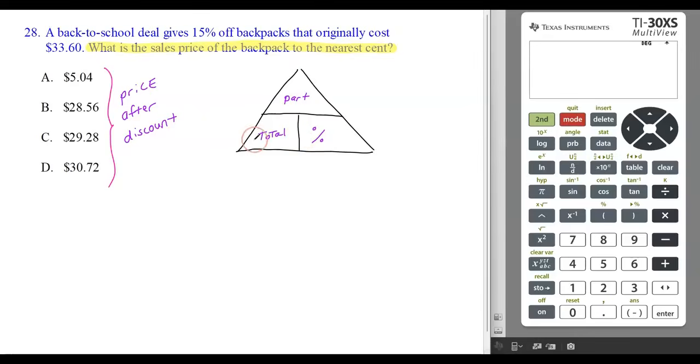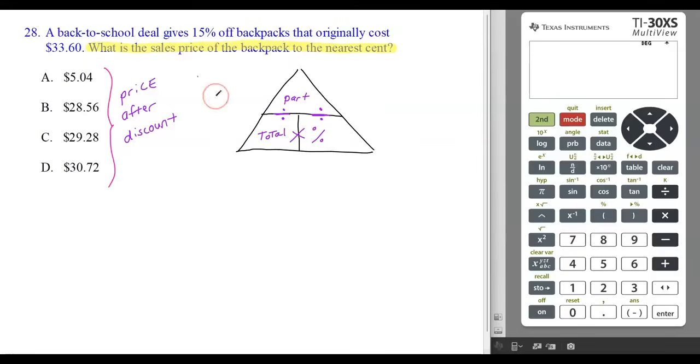And the stuff that's next to each other, the total and the percentage, you're going to multiply it. And the stuff that's stacked on top of each other, the part and the total, there's really division signs here. Here and here, and here and here. So keep that in mind.